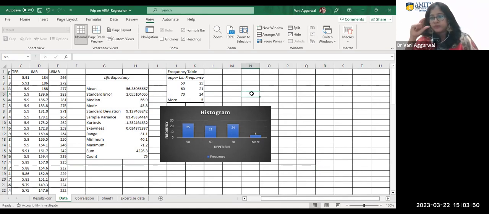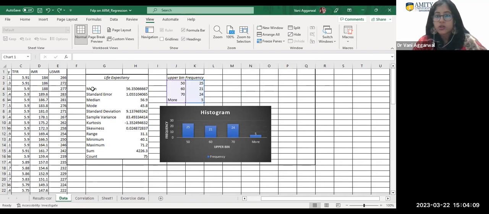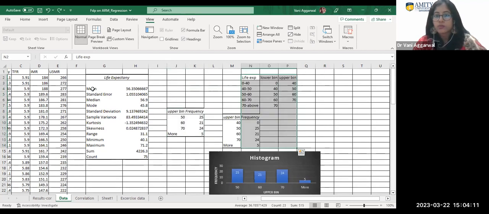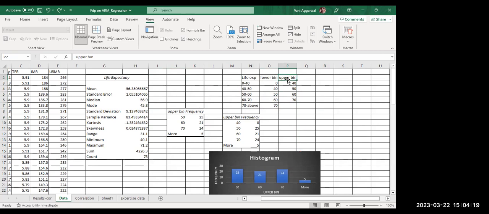Clear? Now, can you create this histogram? Ma'am, do we need to create this table of upper bin and lower bin? Yes. Is it required, or can it come automatically? No. Upper bin and lower bin figures will not come automatically, because I have created this. For the histogram, under bin range, it is tailor-made by individuals.